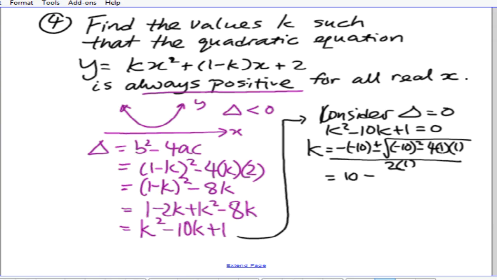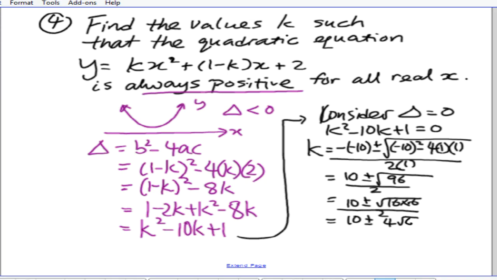So 10 plus or minus the square root of 100 minus 4, that will be 96, divided by 2. So we have 10 plus or minus the square root of 16 times 6 over 2. So this will be 10 plus or minus 4 square root of 6 over 2. So the answer is 5 plus or minus 2 square root of 6, for example.